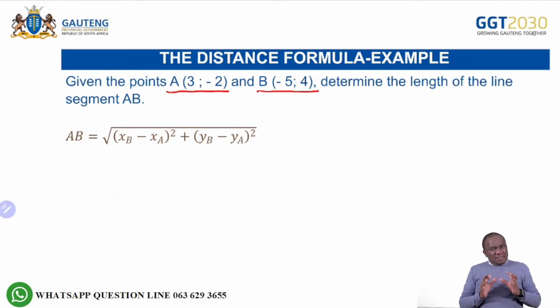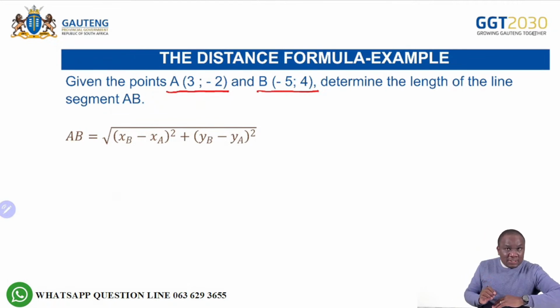Right. Sometimes it gives me problems. Some people are very good at identifying which one is XB, which one is XA, which one is YB, which one is YA. Let's write this down: 3 is XA, the x coordinate of A. Then negative 2 is the y coordinate of A. And then negative 5 is the x coordinate of B, and 4 is the y coordinate of B. You see that?